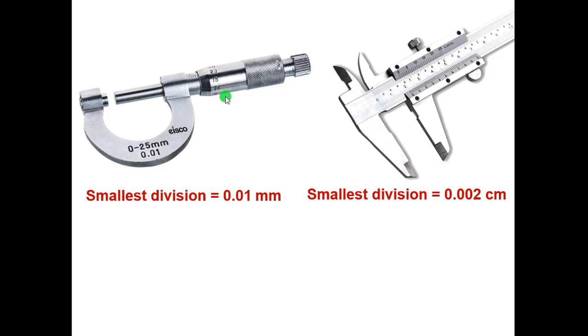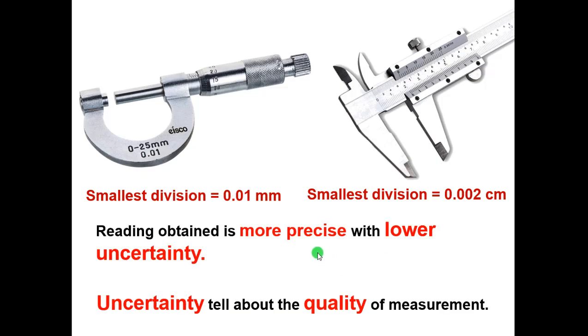For example, a micrometer screw gauge can measure up to 0.01 millimeter, and a vernier caliper up to 0.002 centimeter. So the reading obtained will be more precise with lower uncertainties. As a conclusion, uncertainty tells us about the quality of a measurement.